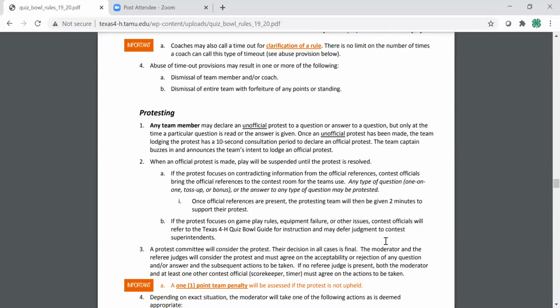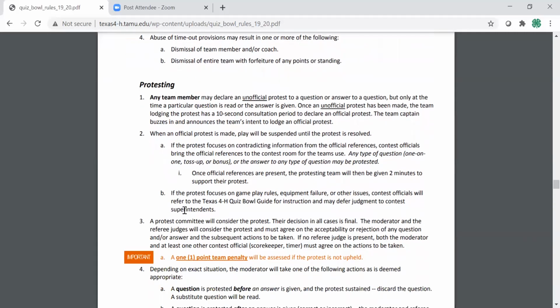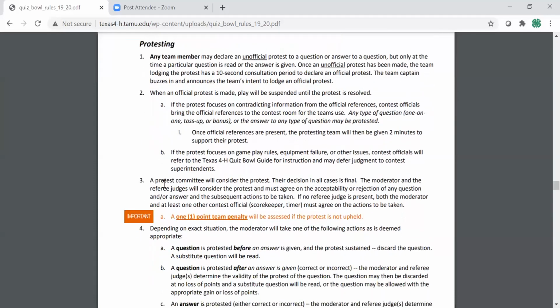If it's a book, we'll bring the book out and say, here you go, you have 2 minutes to use this book and prove to us that you're right and we're wrong. If the protest focuses on gameplay rules, equipment failure, or other issues, we'll refer to the guide for instruction. Once the committee makes their decision on the protest, it's final.